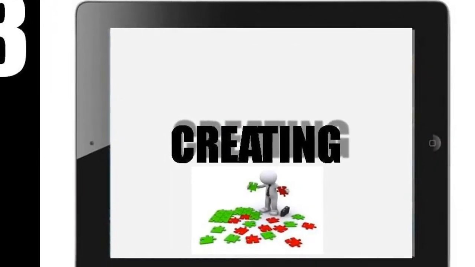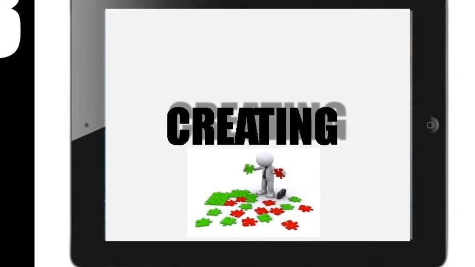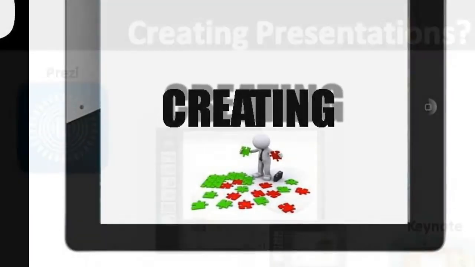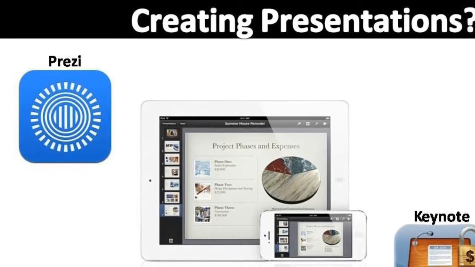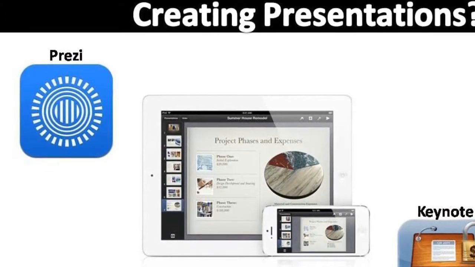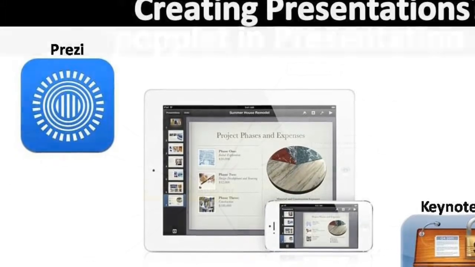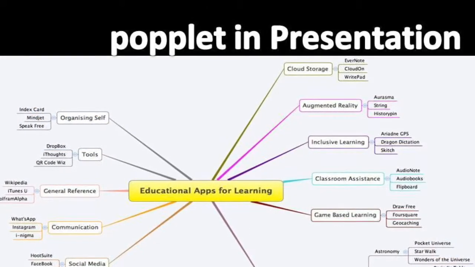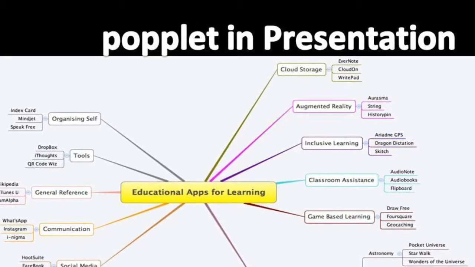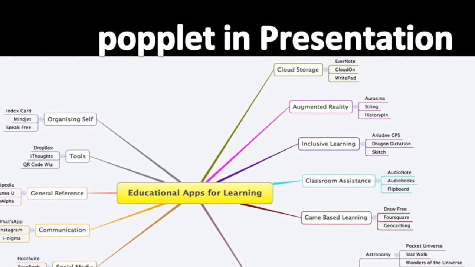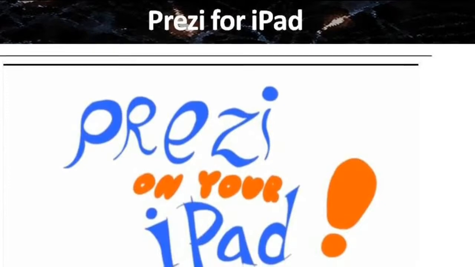Creating. We can create presentations through Prezi and Keynote. iMovie also, and Explain Everything also. Popplet, as we can see, has trees, branches, boxes for family words.